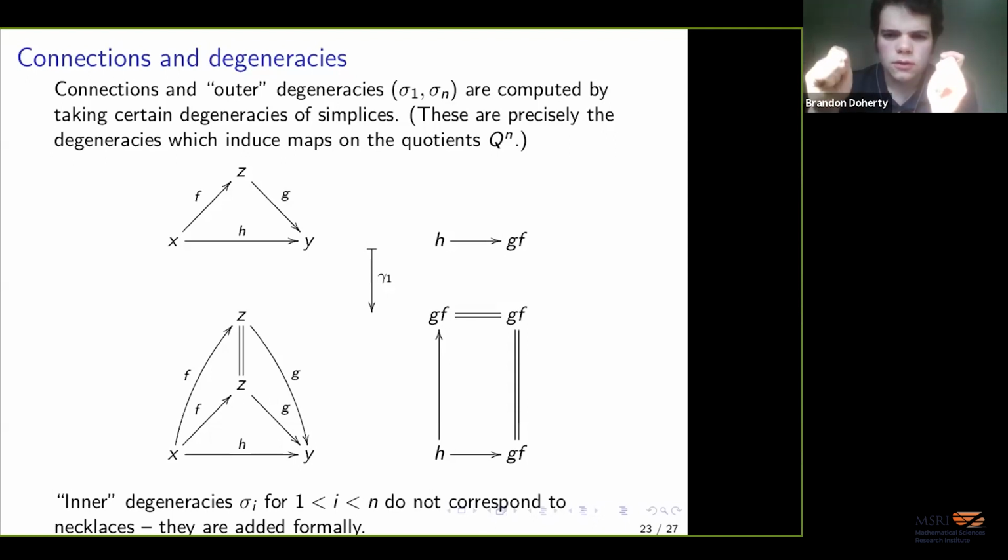Now, the rest of the degeneracies, what you call the inner degeneracies, those which are in between 1 and n, those actually don't correspond to necklaces. We have to add those formally.